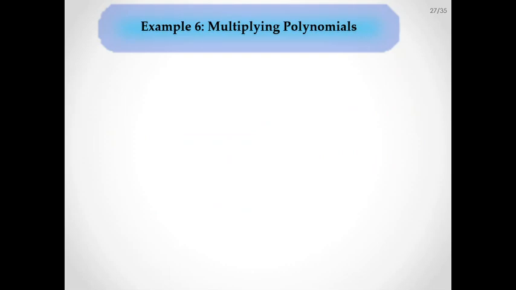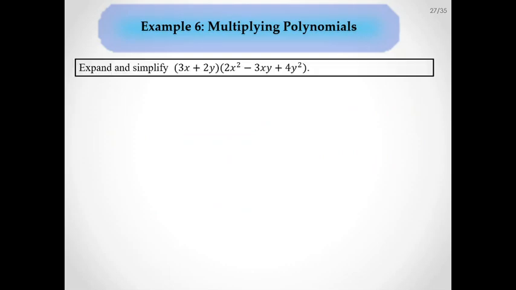Okay, let's see an example of multiplying polynomials. Here it says expand and simplify. So expand means get rid of the parentheses, and simplify means try to combine the similar terms if possible.